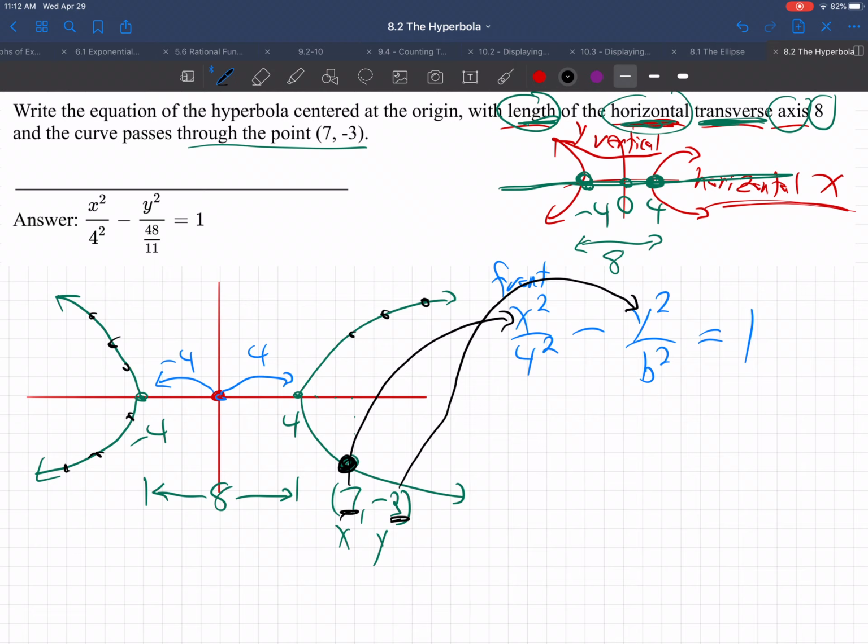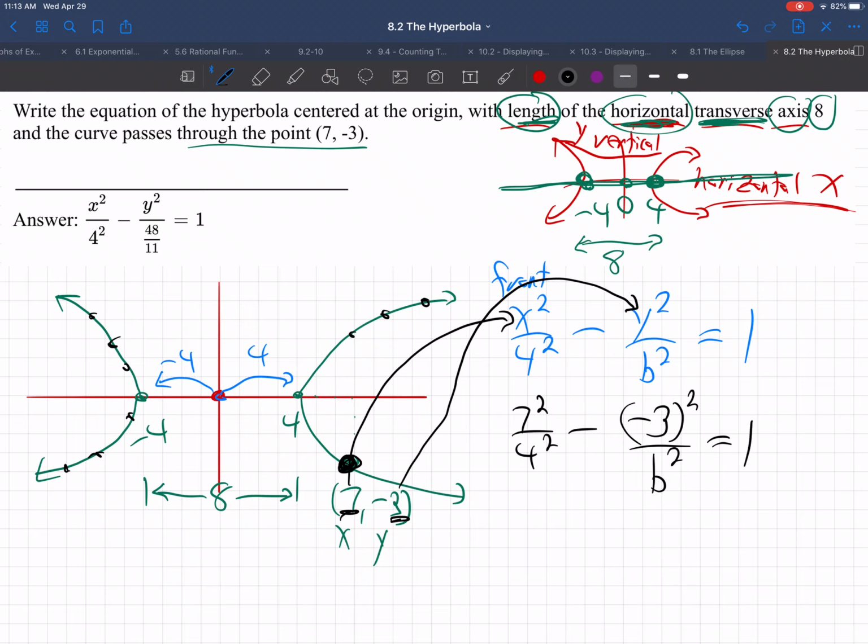That's what any graph is at any time in math. It's a picture of all the dots that make the equation true. So if they give you a dot on the graph, you know it makes the equation true. So plug that in. So what do we got? 7 squared over 4 squared minus (-3) squared over b squared is 1.